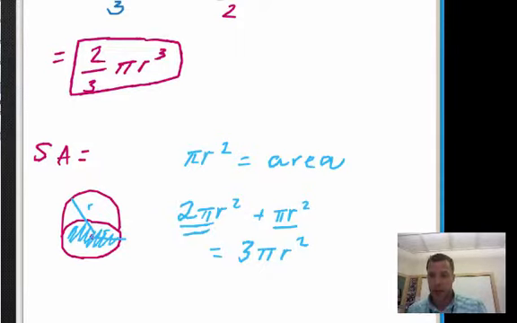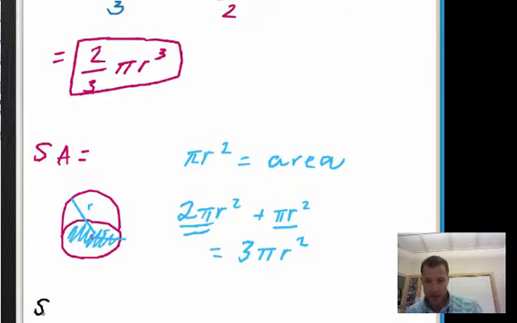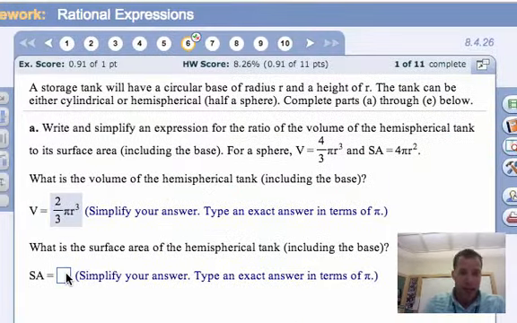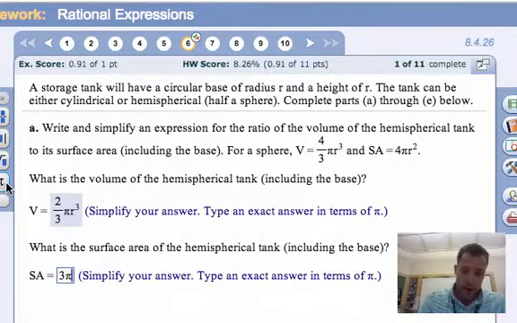You actually have to go back to what they give you. We know that the surface area is 4 pi r squared, but we're not talking about the full sphere. We're talking about half of that, so divide by 2. So we get 3 pi r squared.